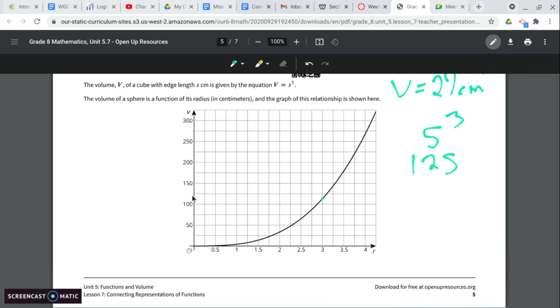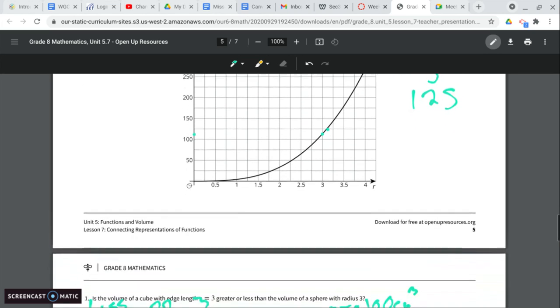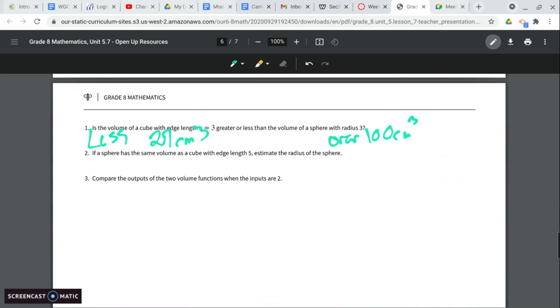So now we want to look for 125 and about where that would be. So that'd be about right here. So probably, let's see, 3.1 approximately. So 3.1 centimeters, thereabouts.